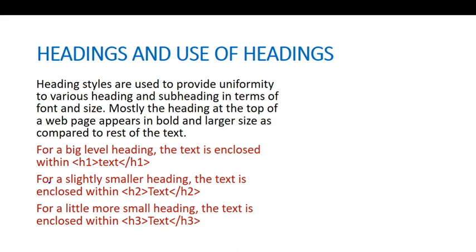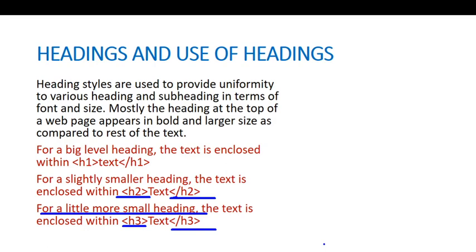Likewise, for a slightly smaller heading, the text is enclosed within H2 and the closing tag H2. For a little smaller heading, the text is enclosed within H3 and the closing tag H3.